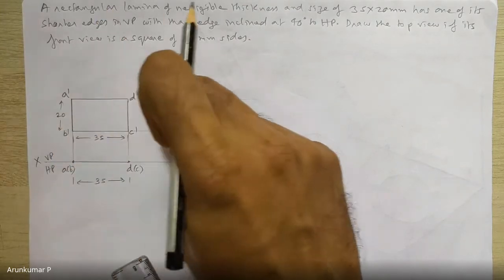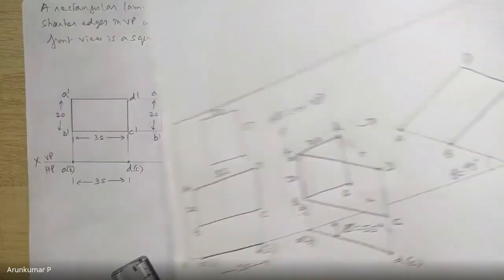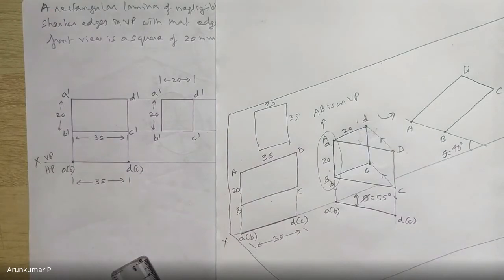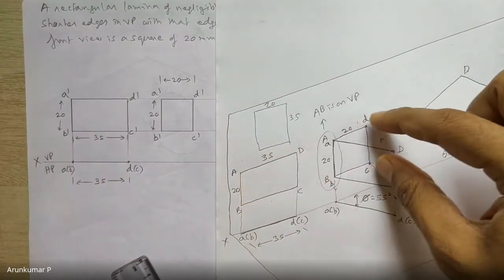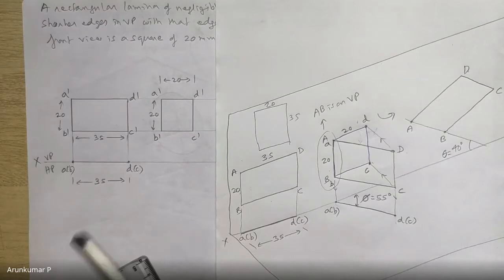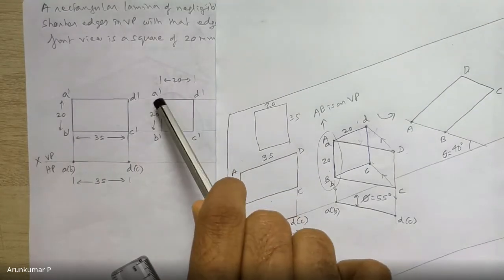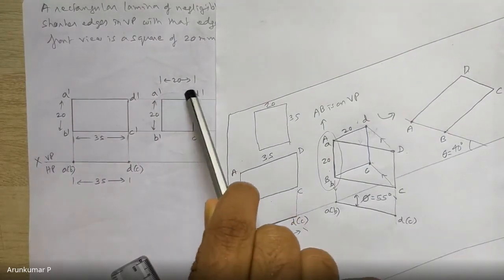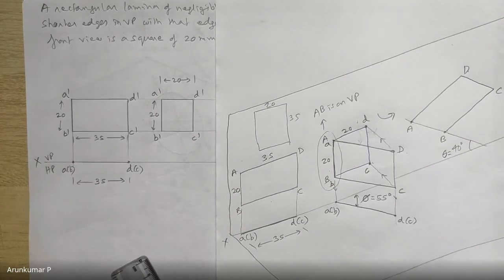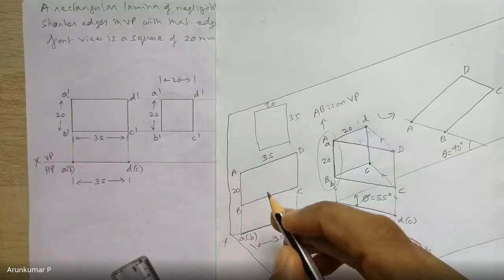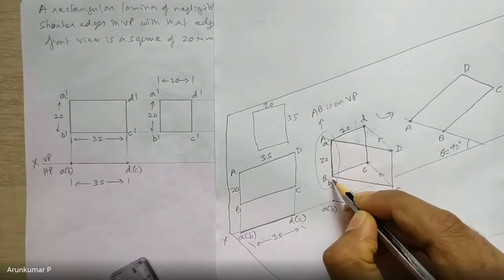So you have to draw at the same level as can be seen here. The level is same. So you have to make use of these two projectors, and then in between them you have to locate and draw the square of 20 by 20. All these are dashes. Forgot.